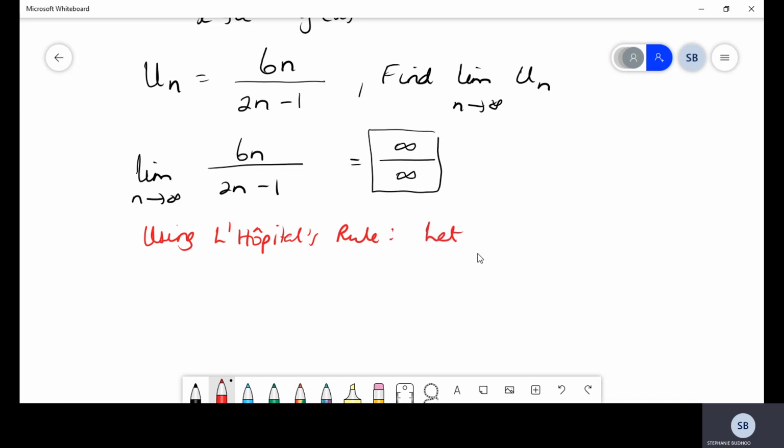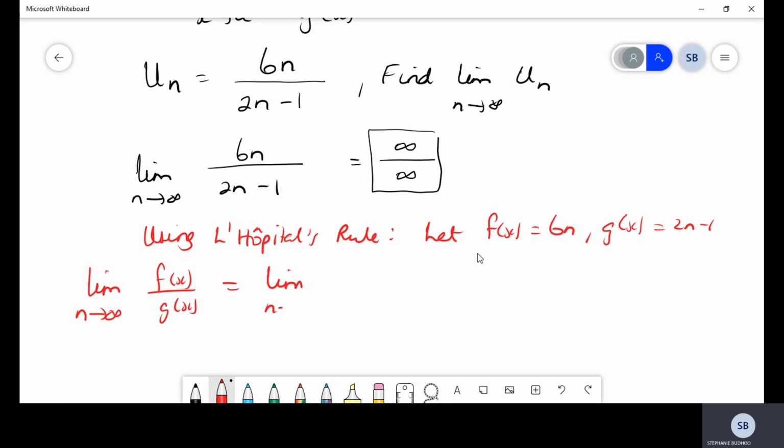If you let f of x be equal to 6n and g of x be equal to 2n minus 1, then the limit as n approaches infinity of your function is also equal to the limit as n approaches infinity of the derivative of that function over the derivative of this one.